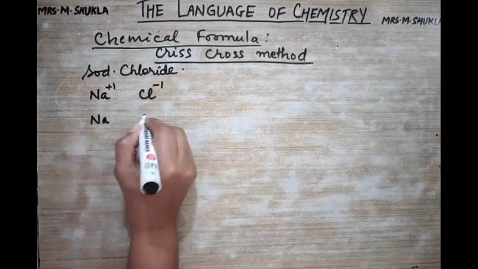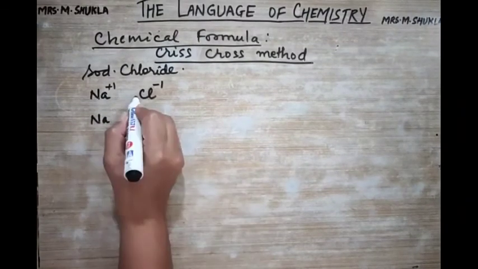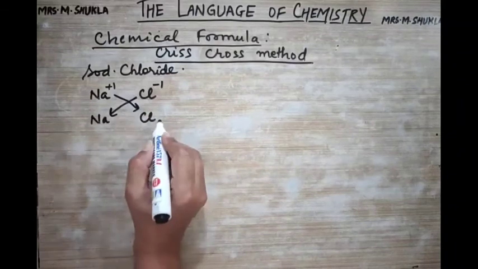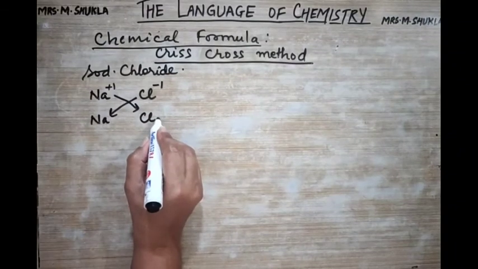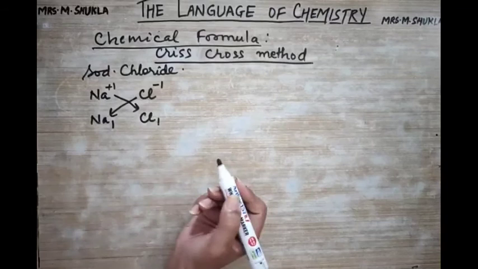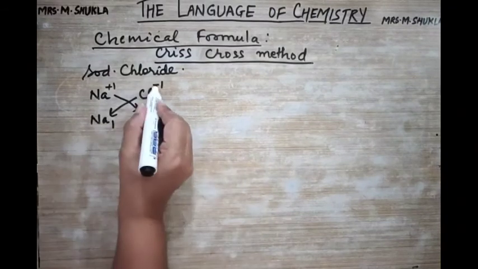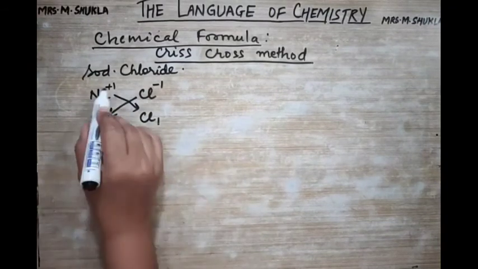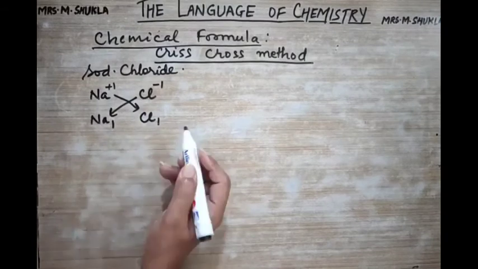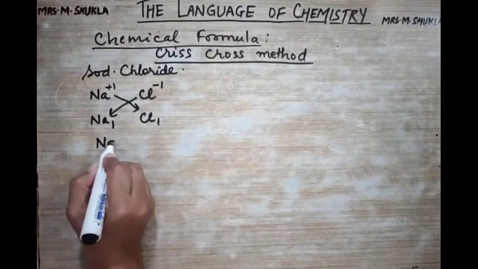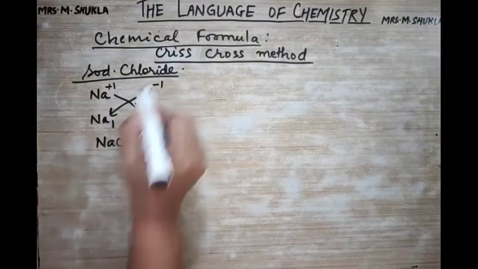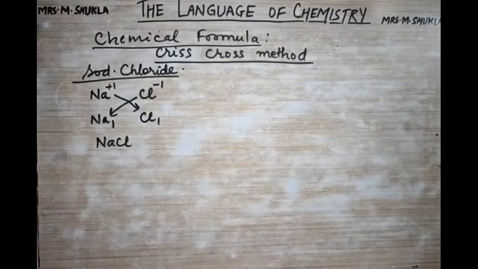We copy down these symbols and crisscross it. Crisscross it where? To the subscript, right? Without carrying the sign. Now one has no meaning. Hence, the formula of sodium chloride becomes NaCl.